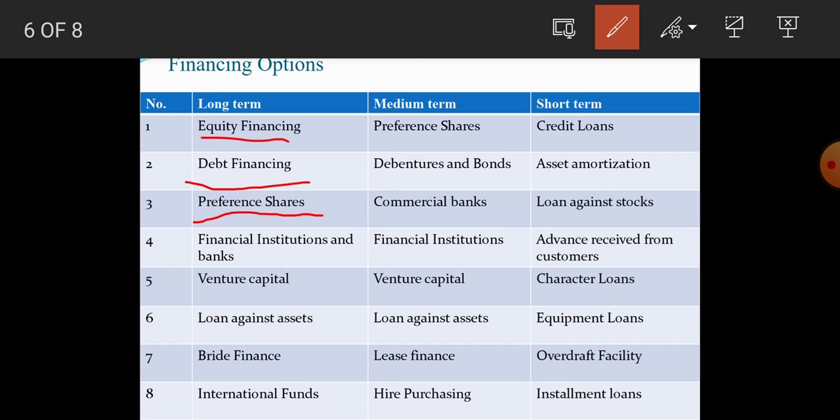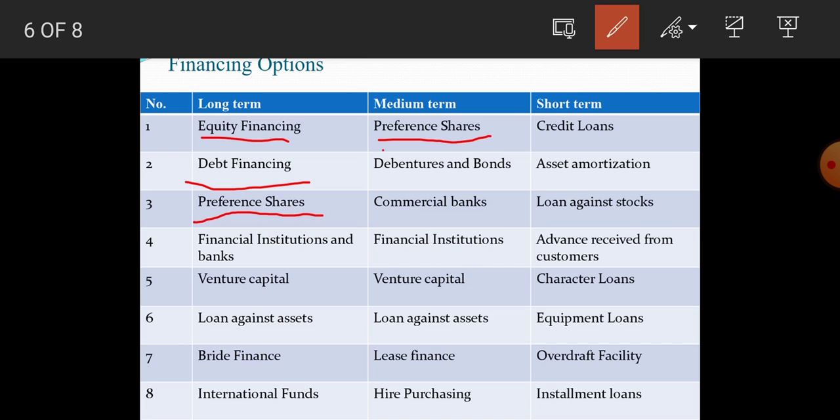From the firm's point of view, on providing ownership in the firm, the heavy interest on the fund is reduced. So this kind of instrument is more preferred by both investors as well as firm directors. Preference shares are used for both long term as well as medium term finance options.